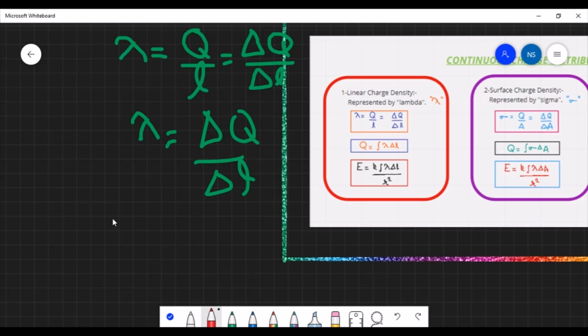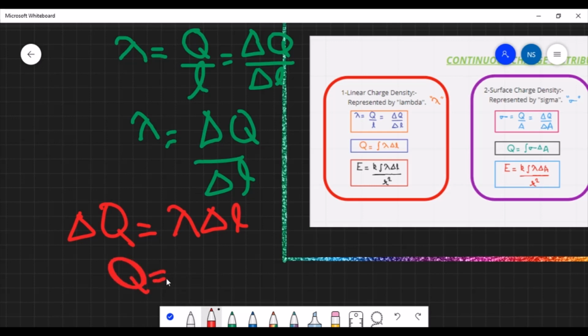We can see that delta q is equal to lambda times delta l. Now we can integrate it to get rid of the delta present here. So finally we get charge is equal to the integration of lambda dl.